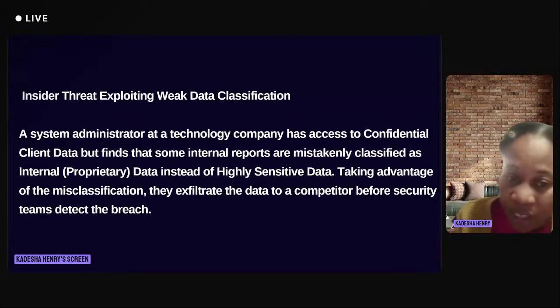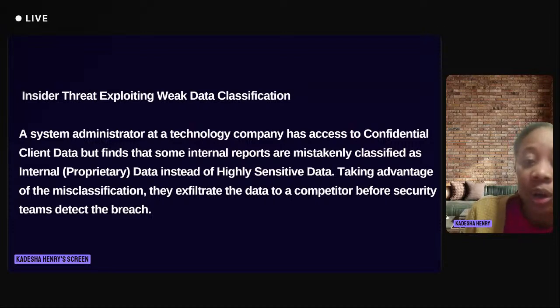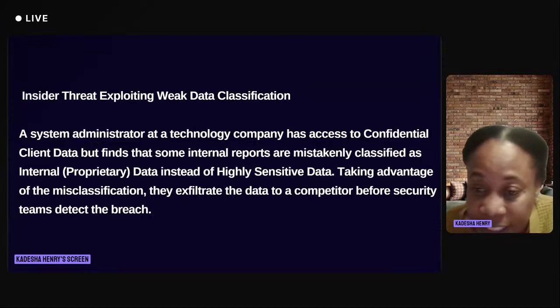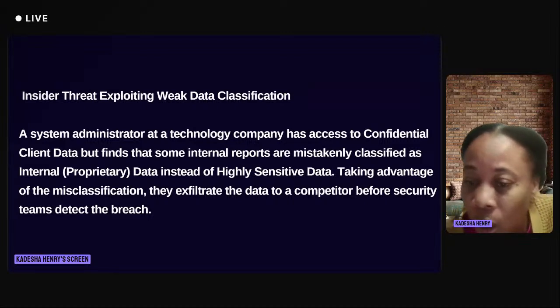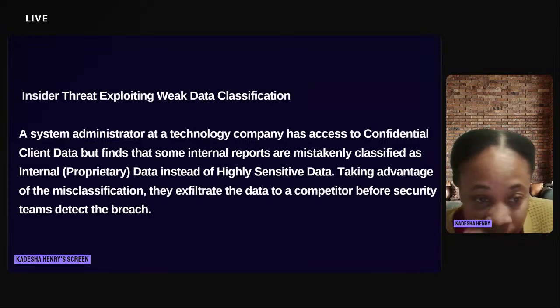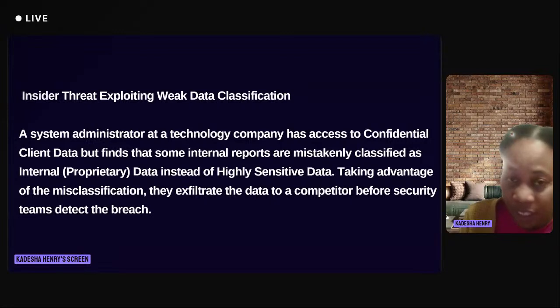So a system administrator at a technology company has access to confidential client data, right? But finds that some internal reports are mistakenly classified as internal data instead of highly sensitive data. Taking advantage of the misclassification, they exfiltrate the data to a competitor before a security team detects the breach. So, insider threat exploiting weak data classification.